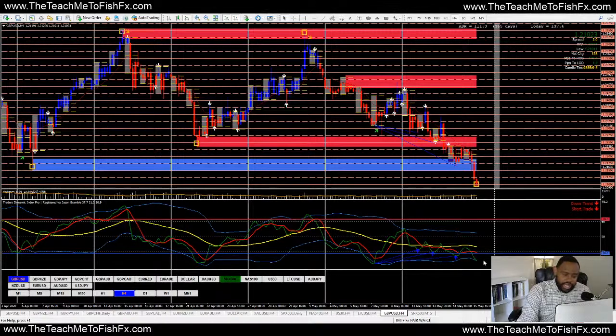The TDI is showing that it has been oversold and it's going deep. We're at a 21.2 level on the RSI. That's pretty deep, so this should supposedly turn around soon.